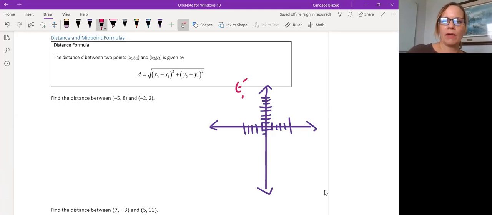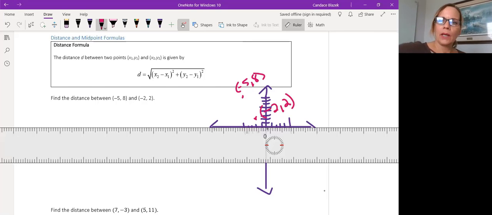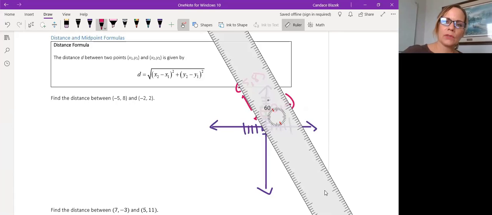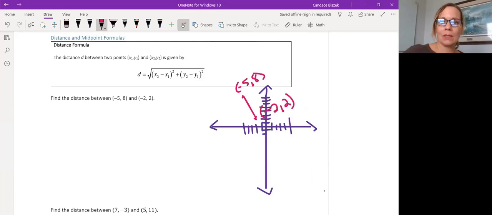That's my point, negative 5, 8. Down to negative 2, 2. So here are these 2 points, and we're going to have this distance here. Now distance, we could also say it's the length of a line segment. Okay, but it's the distance between the 2 points.